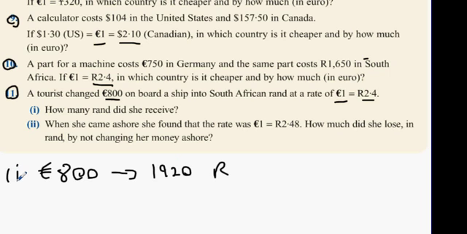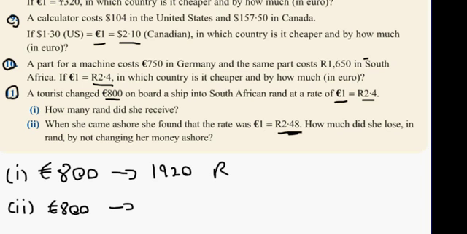Part 2. When she came ashore, she found that the rate was 2.48. How much did she lose in not changing her money ashore? So if we have €800 and we change it to rand, but we don't use 2.4, we use 2.48.